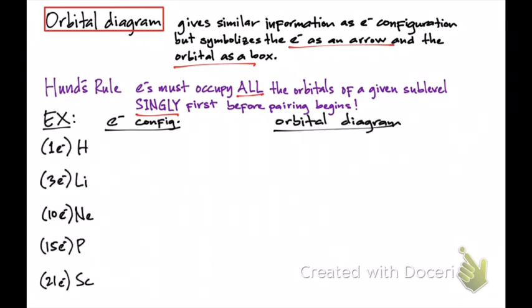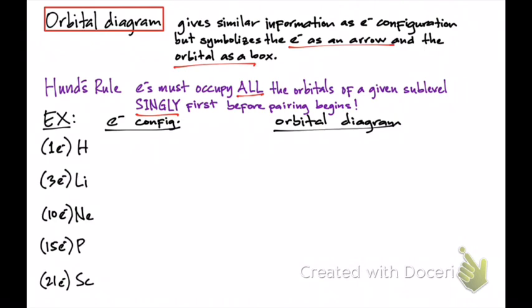So let's look at a few examples here and look at the difference between an electron configuration and an orbital diagram. But they're very similar. The only difference is, again, the electrons themselves are represented by half arrows, and the orbitals themselves are represented by boxes or lines.